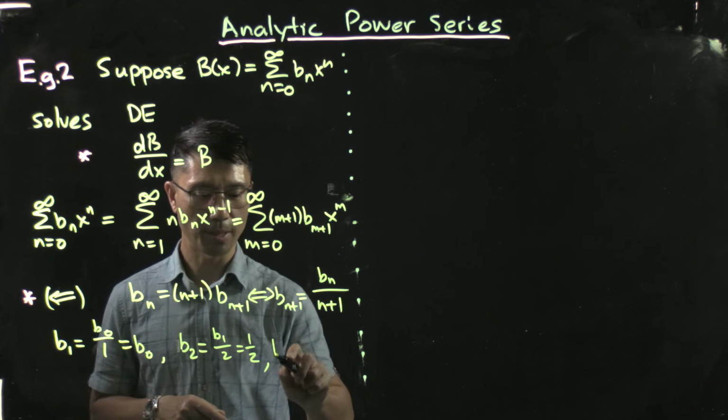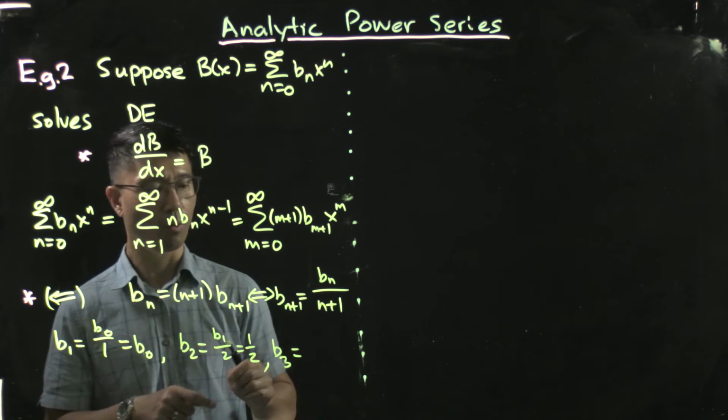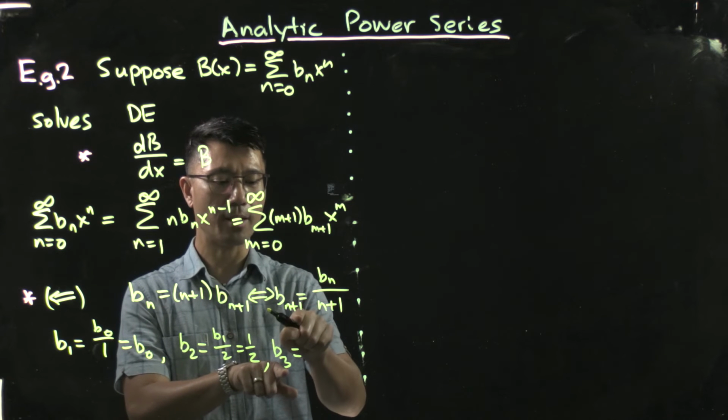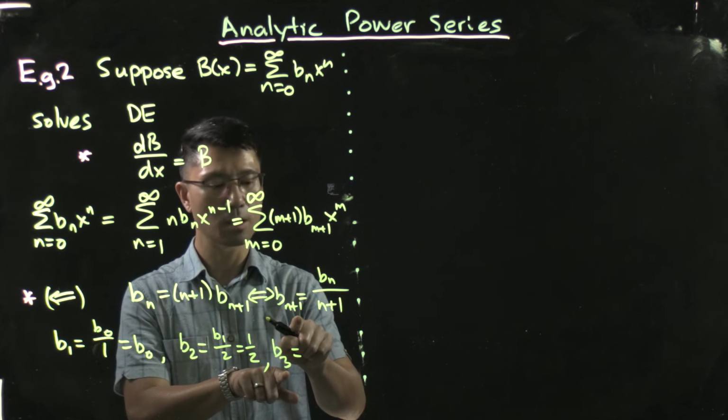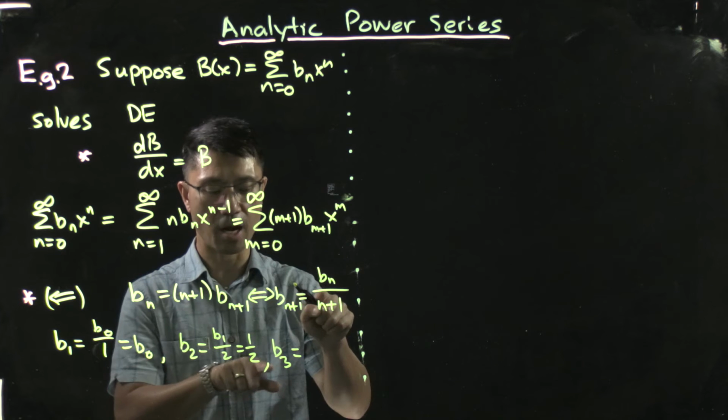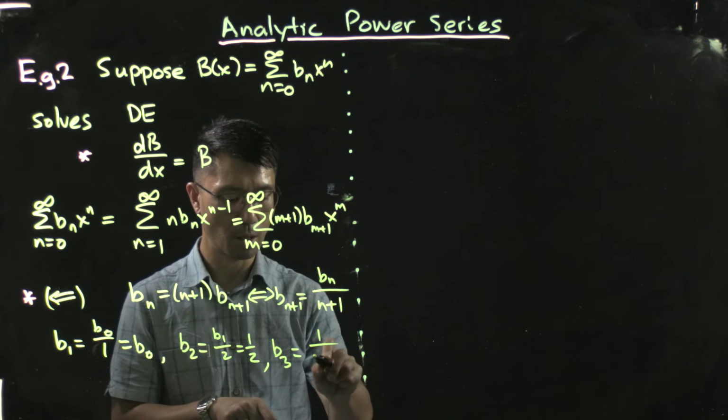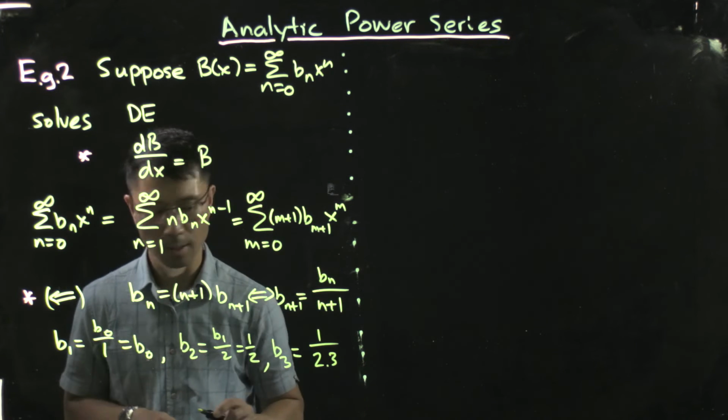And b3, well, n plus 1 is now 3, so you take the previous term, the half, and divide by 3. So this is 1 on 2 times 3.